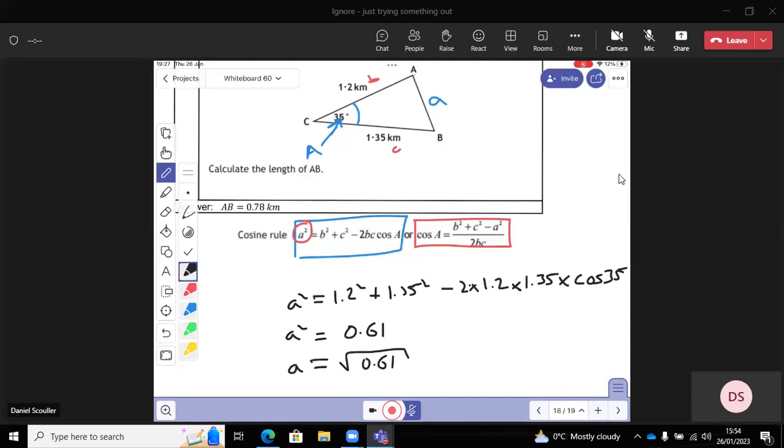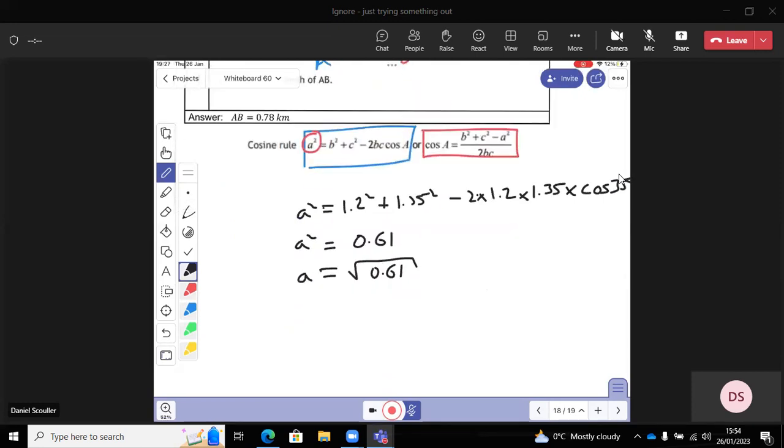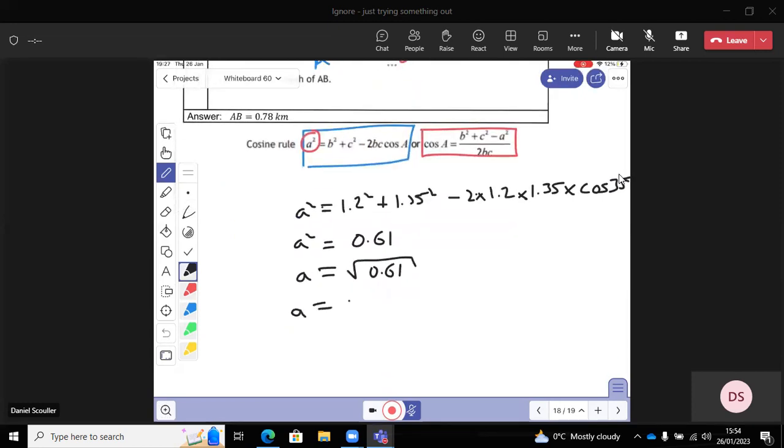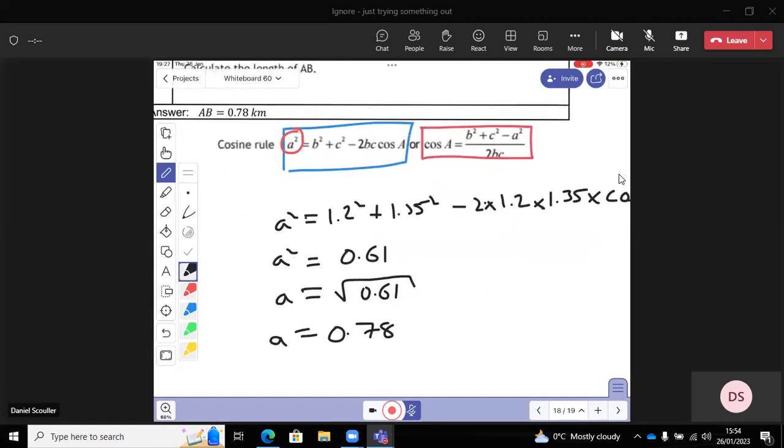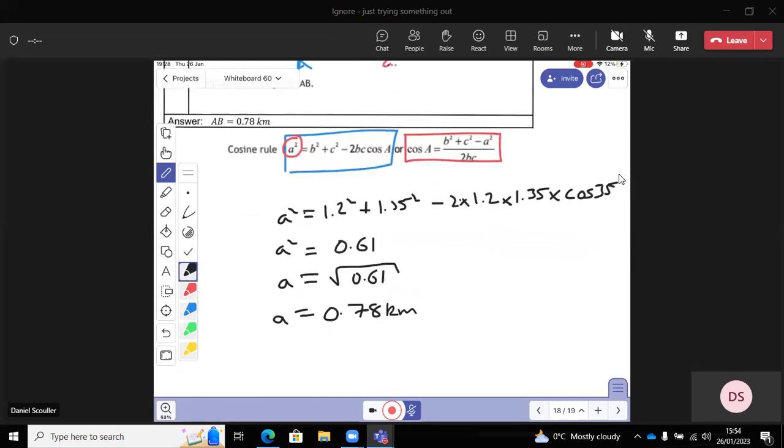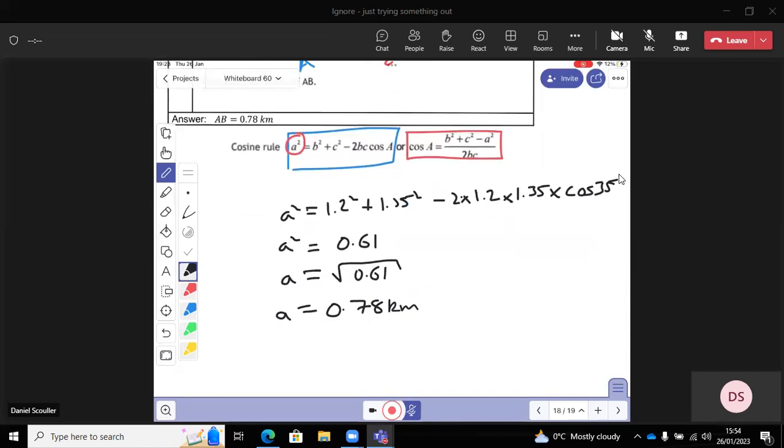Am I getting that right? Okay, A equals 0.78. Just double check the units. In this case, it's kilometers. We're working out a length, so it's straight up kilometers. So that's using the cosine rule to work out an angle, and that's using the cosine rule to work out a length.